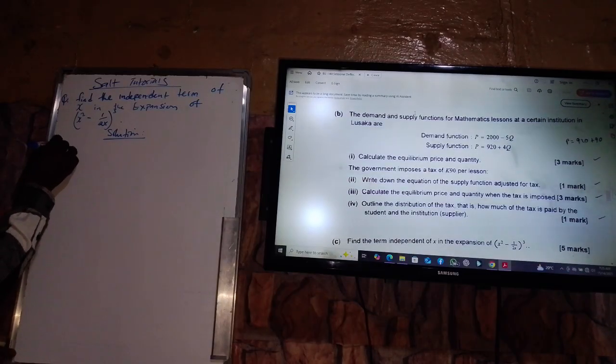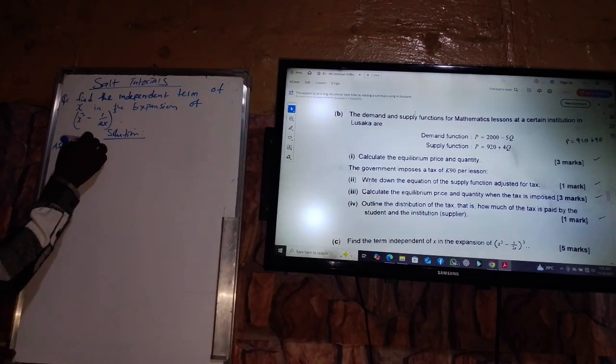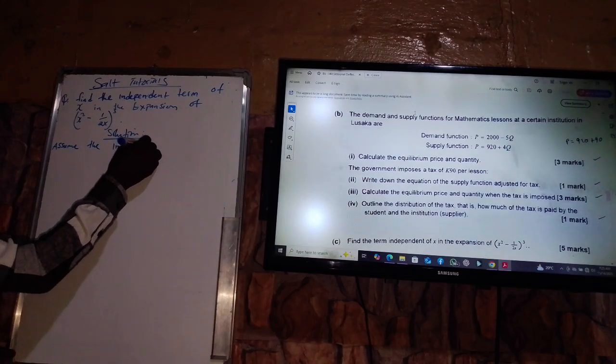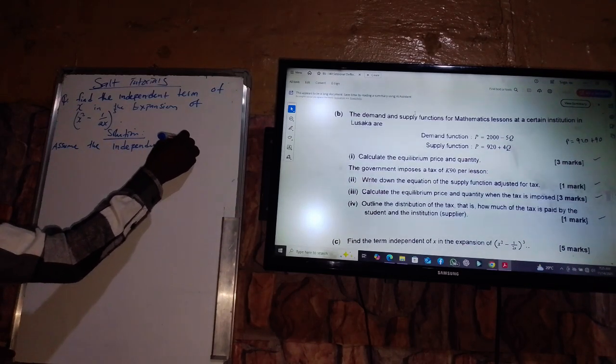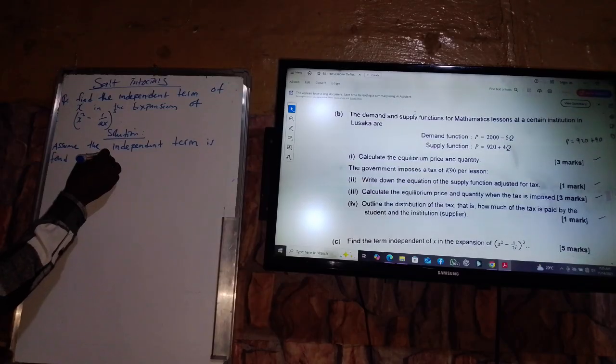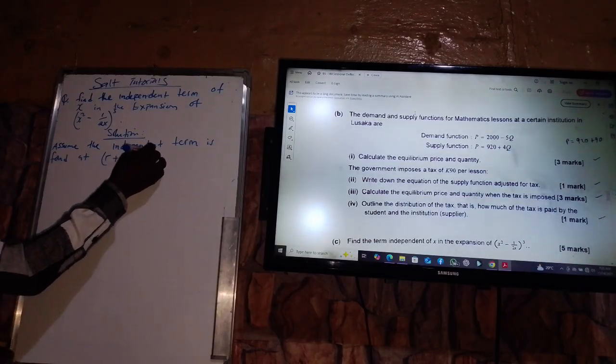Assume the independent term is found at R plus 1 position.